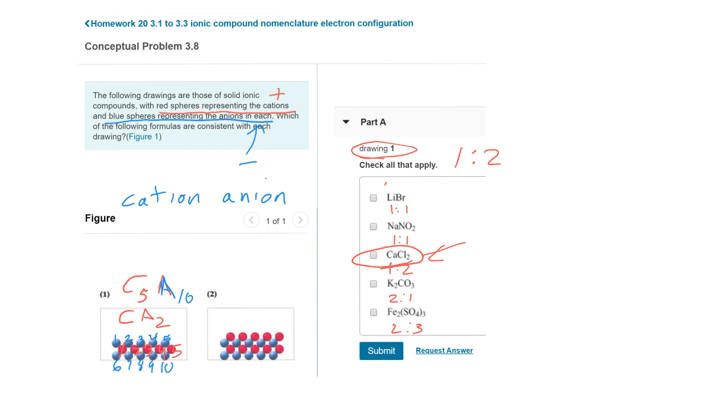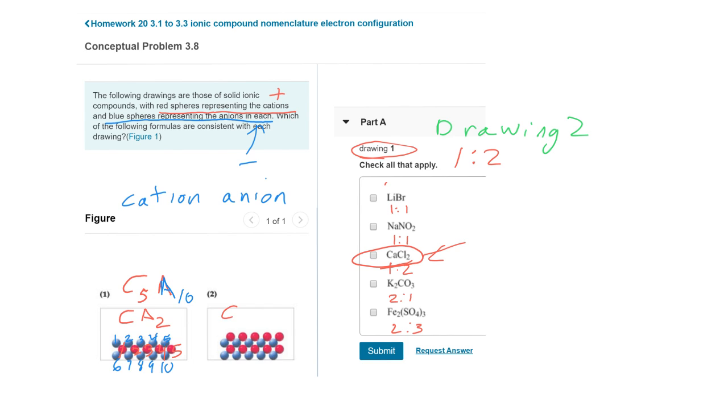All right, and then let's take a look at part B. In part B, it's the exact same thing, but here they're asking you for drawing 2. So we're going to take a look at drawing 2 using these exact same compounds. In drawing 2, if we count our number of reds here, we've got 1, 2, 3, 4, 5, 1, 2, 3, 4, 5.